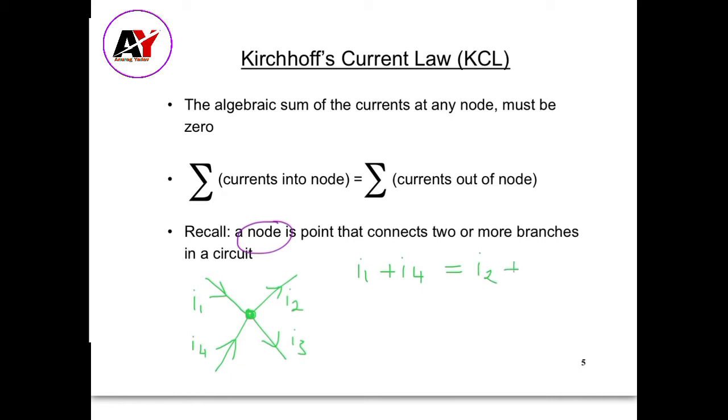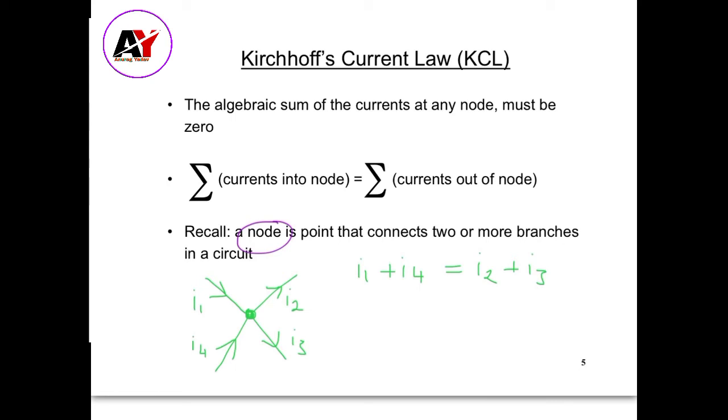I2 plus I3. The other way of doing it would be to just use the algebraic sum of the currents at a node and equate it to 0. In that case, we have to assign a sign to the currents flowing into the node and to the currents flowing out of the node.